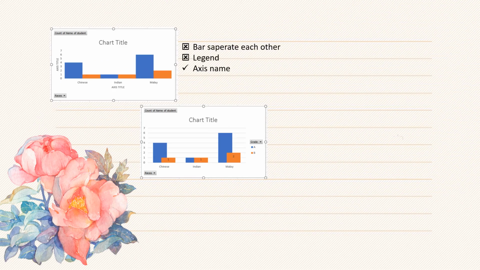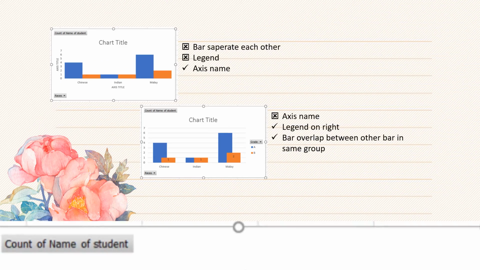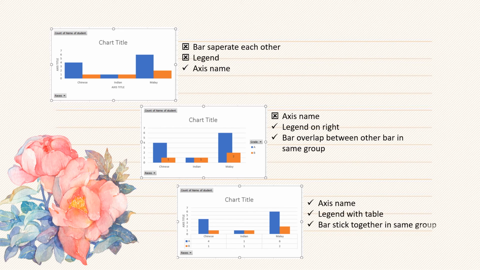Okay, here you can see the next one has no bars separated from each other, either the same group or the different group, or the same category or different category, but they are organized properly. And there is no legend. If you can see, you don't know what the blue and the orange category are.